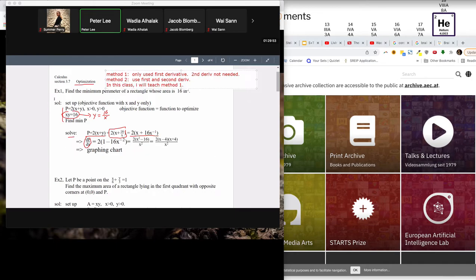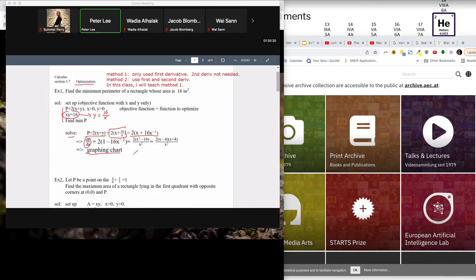So in this case, example one, we have dp/dx, the first derivative, and because this is optimization, we only want to find the max and the min. Second derivative is not required. But in this case, the graphing chart is required, although it will be a very simple chart.